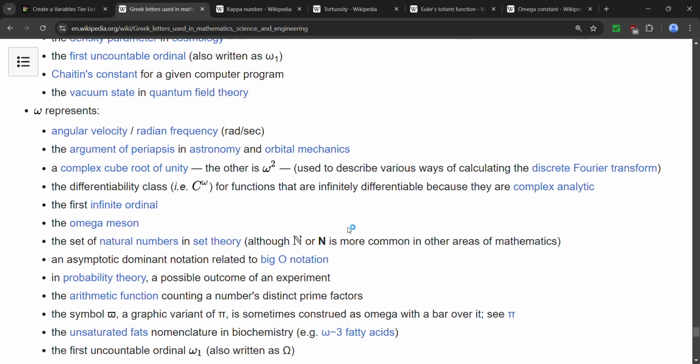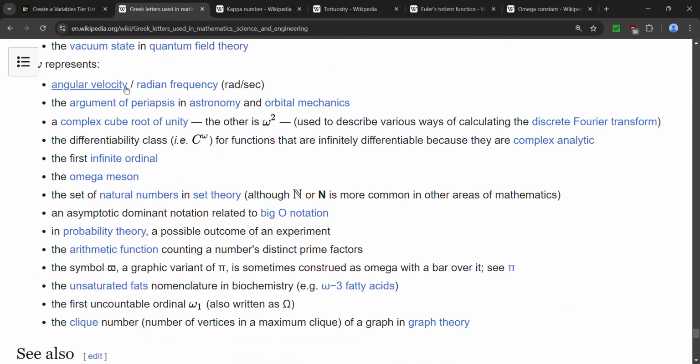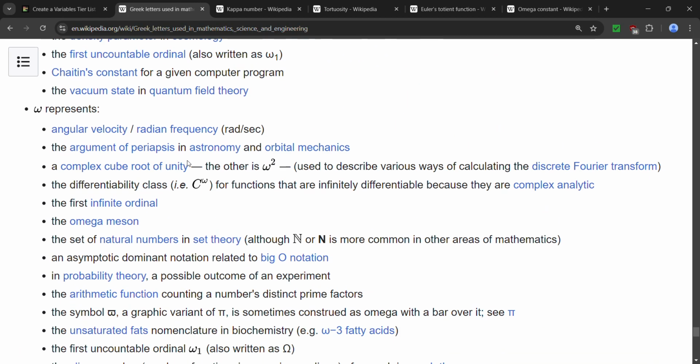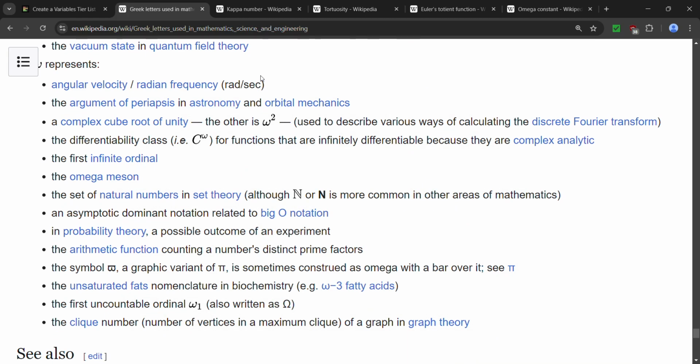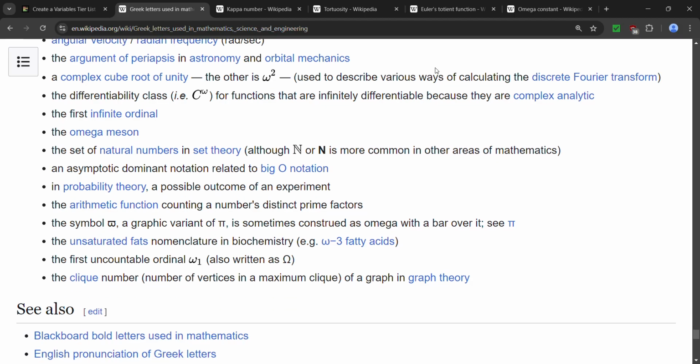They seem interesting though. Let's see. Okay, little omega. We got angular velocity, angular frequency. Those are decently important, not nearly as important as linear velocity. They're pretty important though, so I'll have to give it some credit for that for sure.